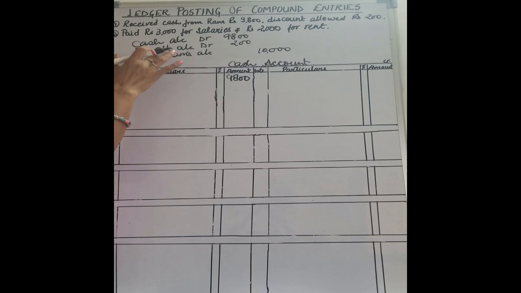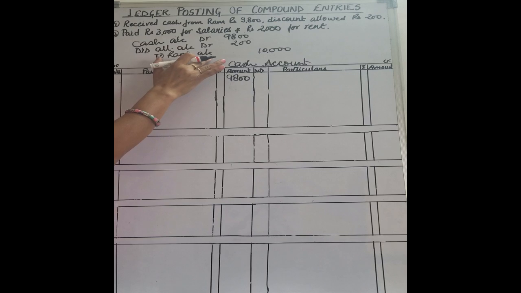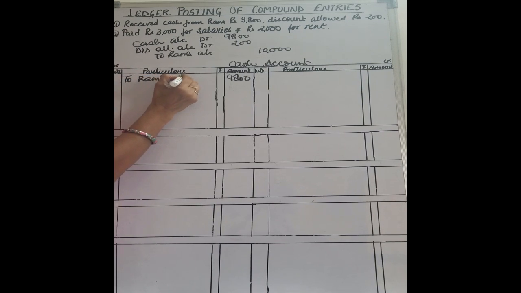And the reason for debiting the cash account is the other account on the opposite side. Here, the other account on the opposite side of cash account is Ram's account. So we will write in the particulars column like 'To Ram's account' as a reason for debiting the cash account.